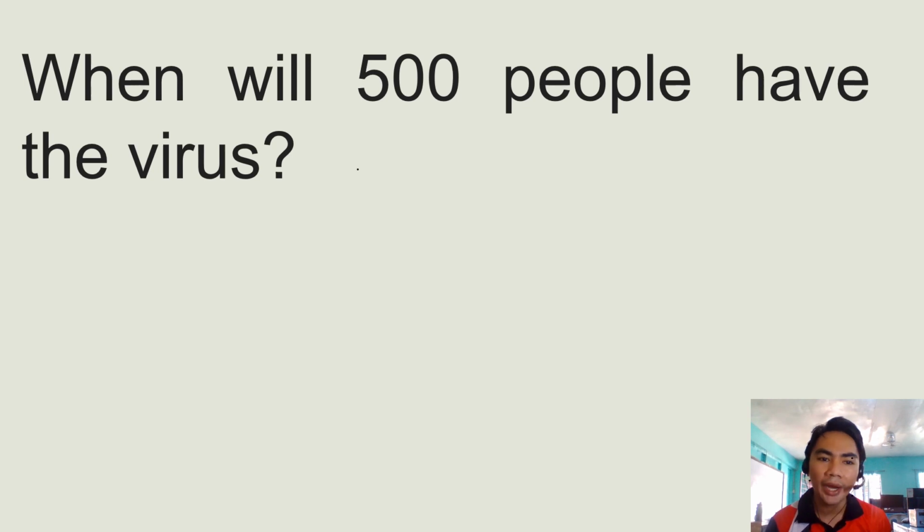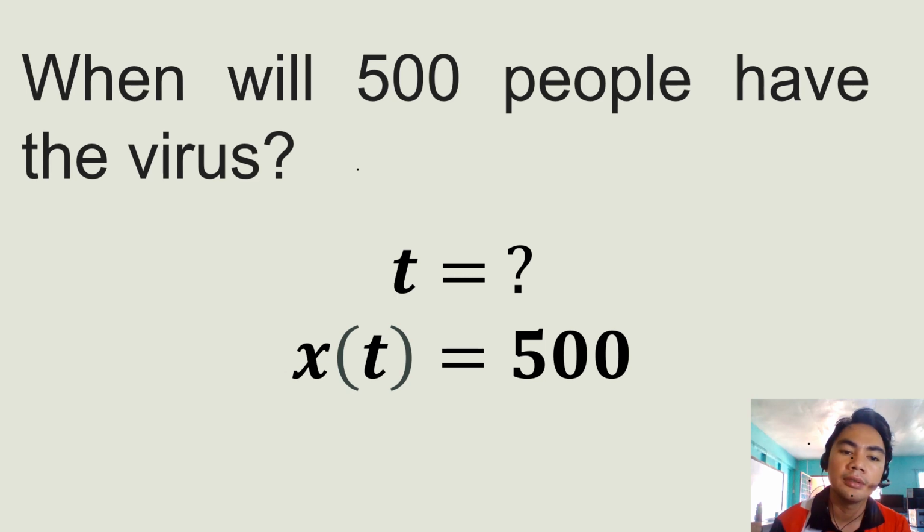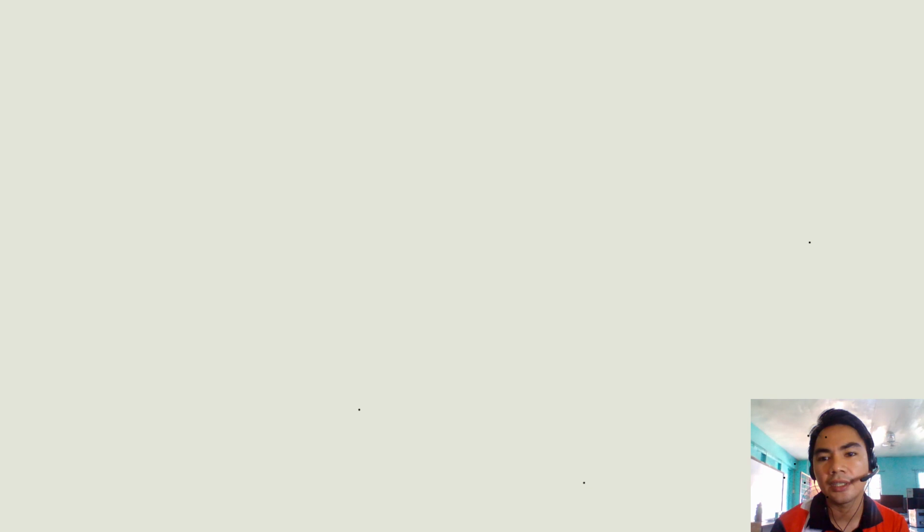So by this, we are able to find the main question. When will 500 people, or 500 contracted students, have the virus? Okay? So, what is being asked here is time, since we are talking about when. So our x of t is 500 because that is what is being asked. So, when will 500 students have the virus?